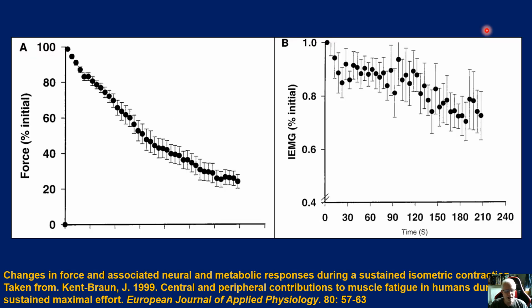Now let's reinforce that with what we see, again taken from the work of Kent Braun, over this same time period. Not surprisingly, over the same 240 seconds, we get a decrease in force output.